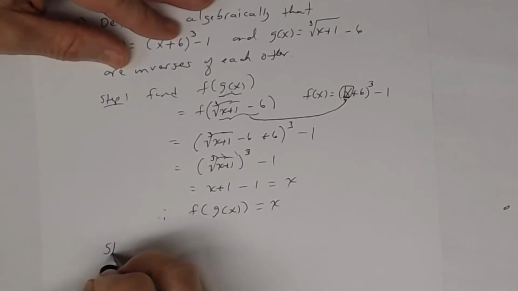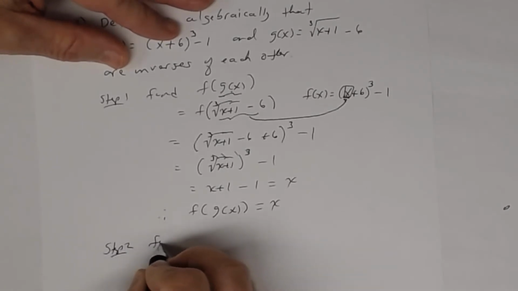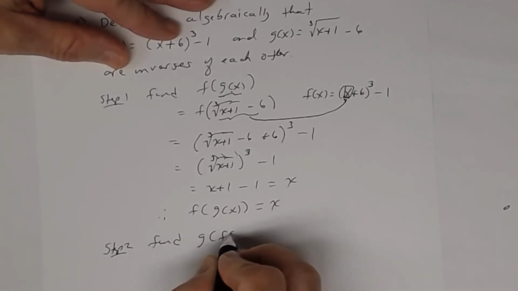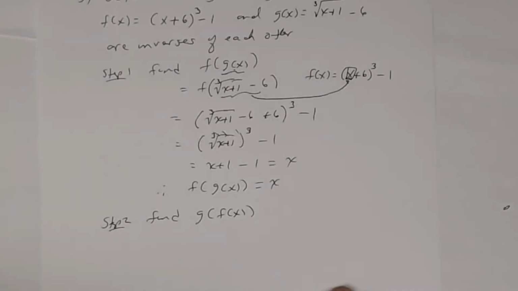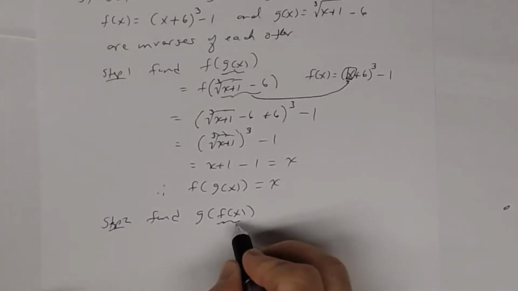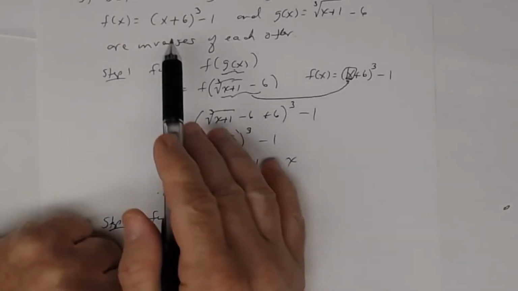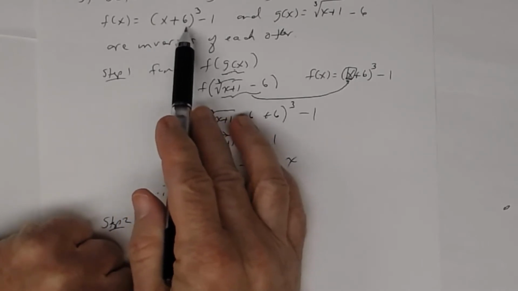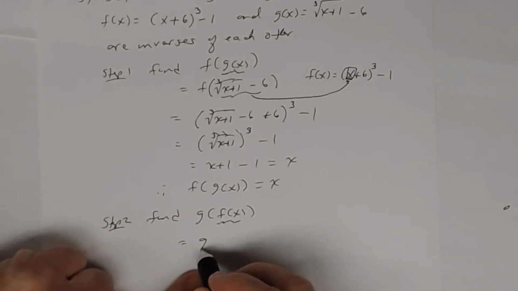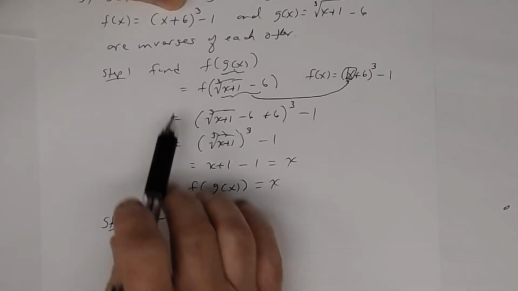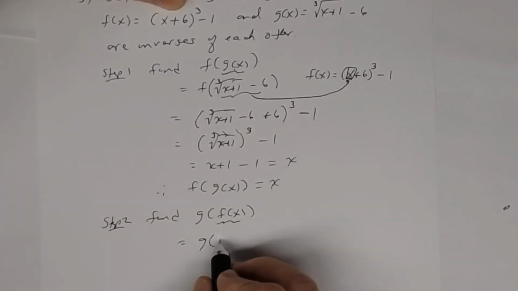So step 2, you have to find g of f of x. You have to do the same thing. In this case, I'm going to find f of x, which is this right here. So that becomes g of, and f of x is this function right here. So I'm going to put that expression in there, x plus 6 cubed minus 1.